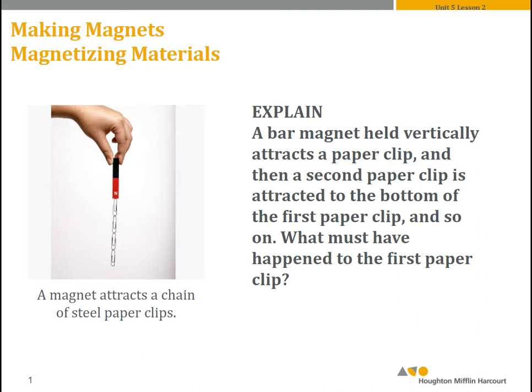Now let's look at this image, where we see a magnet attracting a chain of steel paper clips. Steel is attracted to a magnet, even though the steel paper clips are not themselves magnets. So here's another difference between magnetism and electric force: magnetic force can sometimes attract things that are not themselves magnets.